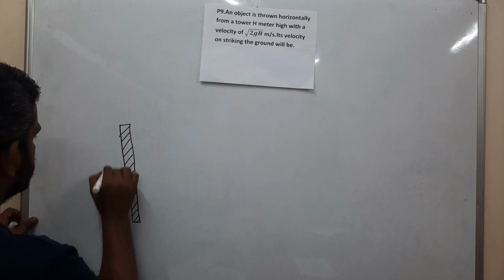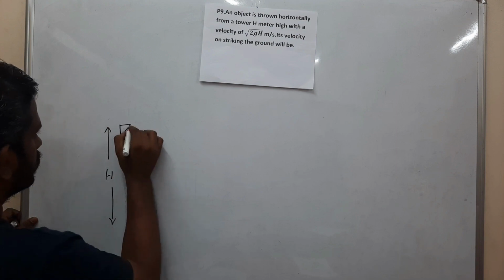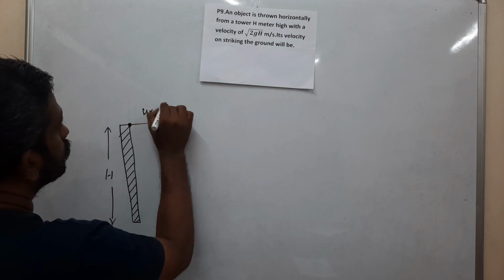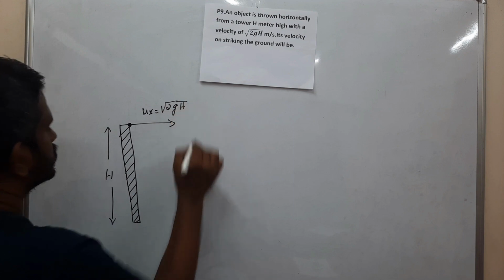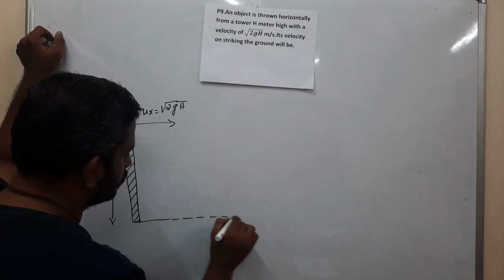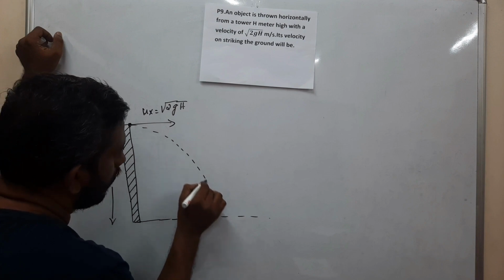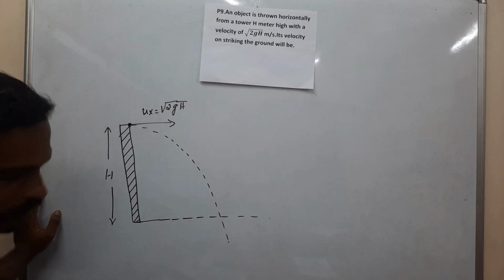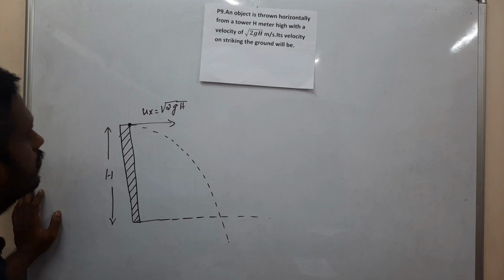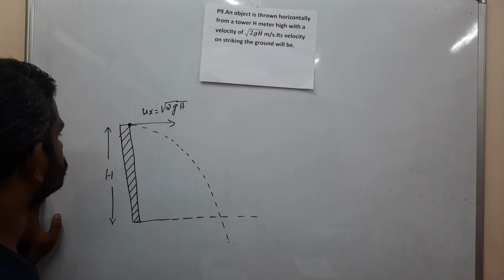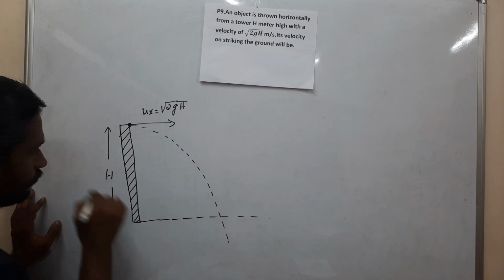So the height, ux is equal to root of 2gh.